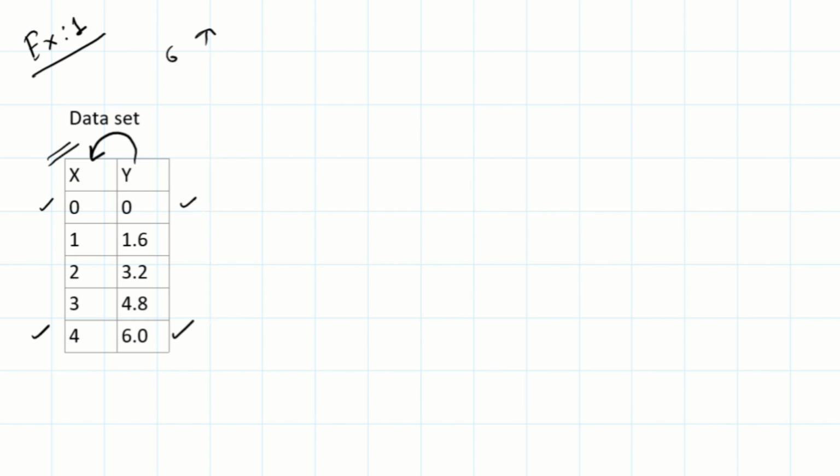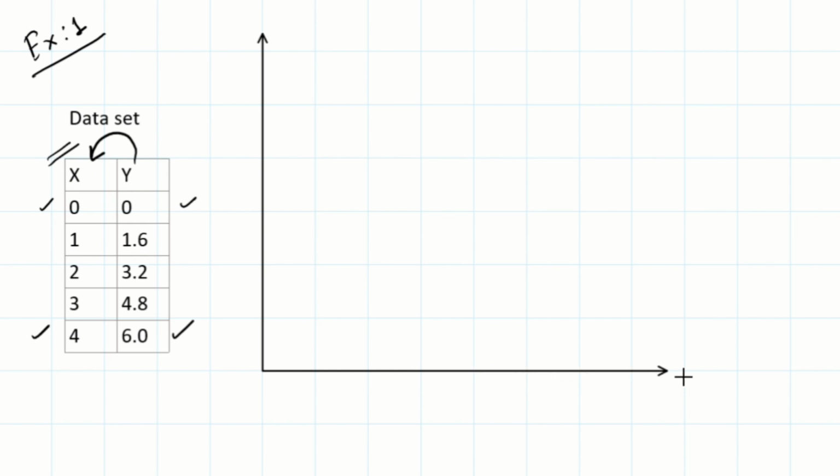So let's make the axis, x and y axis, 6, 5, 4, 3, 2, 1, 0, and 1, 2, 3, 4. Okay, so this much is enough.